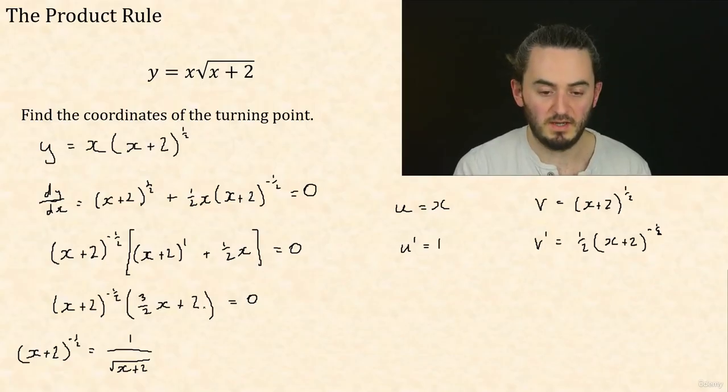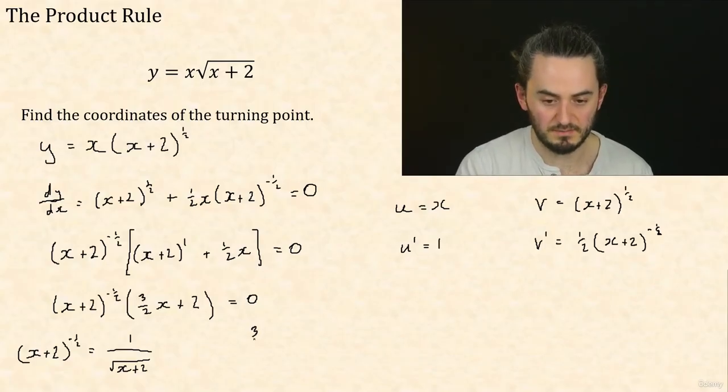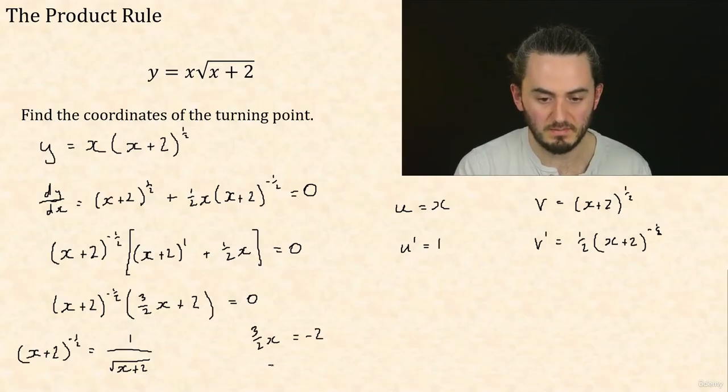Okay, but this bracket I do get solutions, because then I have 3 over 2x needs to equal minus 2, and that means that x is minus 4 thirds. Now we want the coordinates, so I just need to sub that in. So sub that into my original equation.